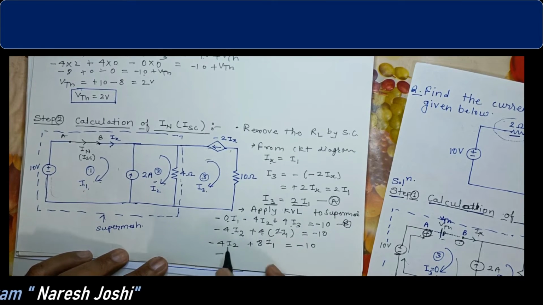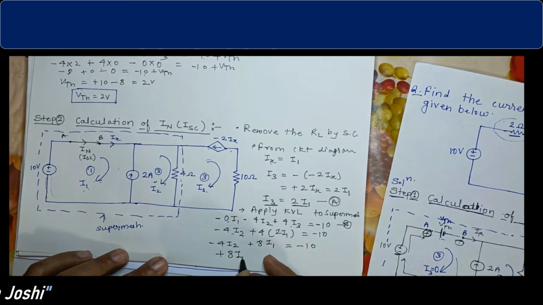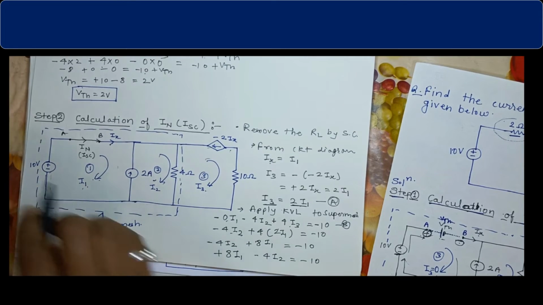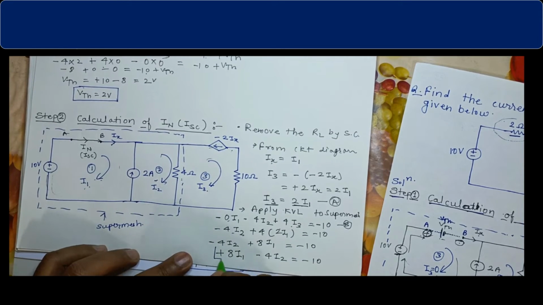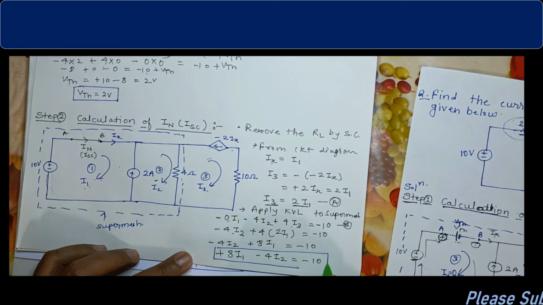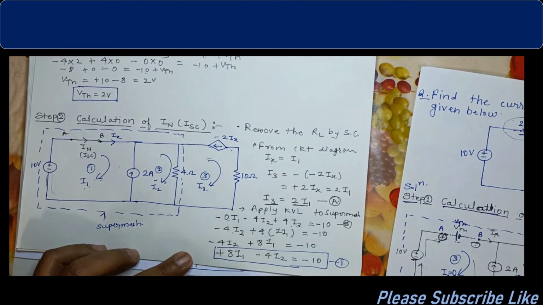So we have to rewrite this equation: 8I1 minus 4I2 equals minus 10. Okay, I will mark this as equation number 1.